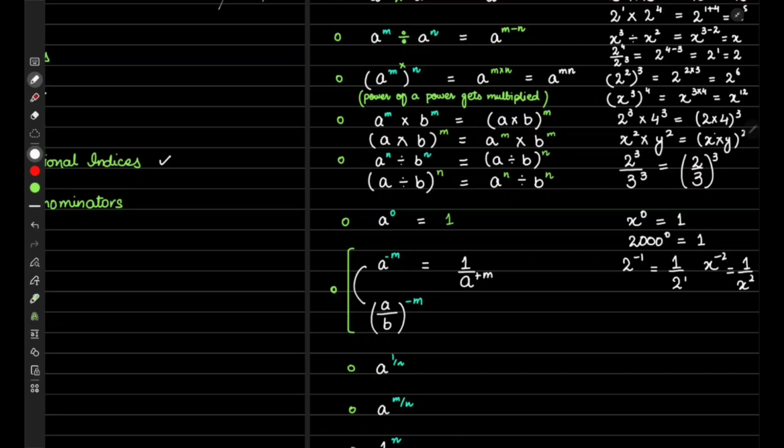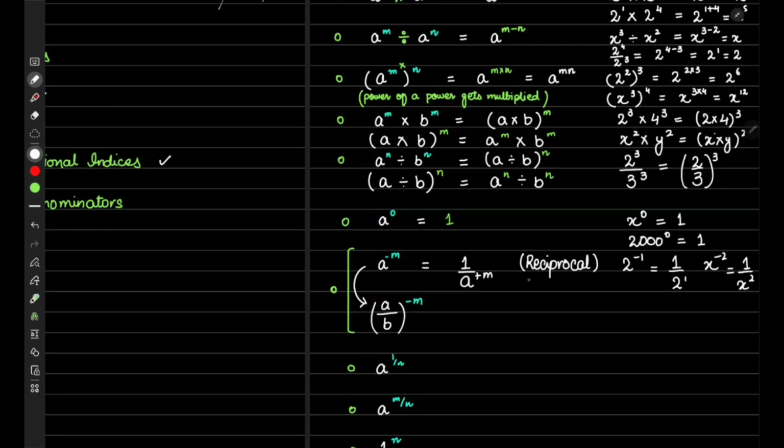There is another version of this. For example, if you have a whole fraction, instead of a denominator of 1, you have a proper fraction a over b with some negative power. To change it to a positive power, we always take the reciprocal or flip. Okay, there are a few terms associated with it.